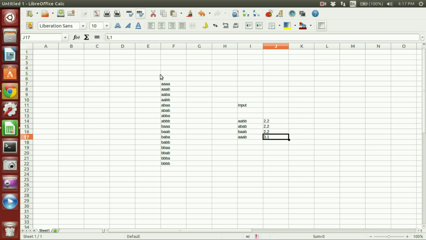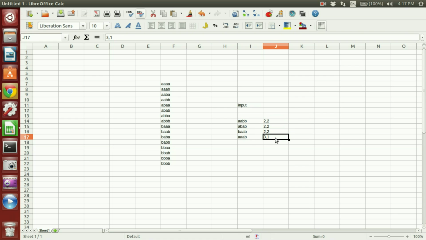So the minimum is 3 or 1, and you will notice that these values we get by finding the LCS are the same as the total number of A's comma total number of B's, right? 2 comma 2, 2 comma 2, 2 comma 2, and 3 comma 1.